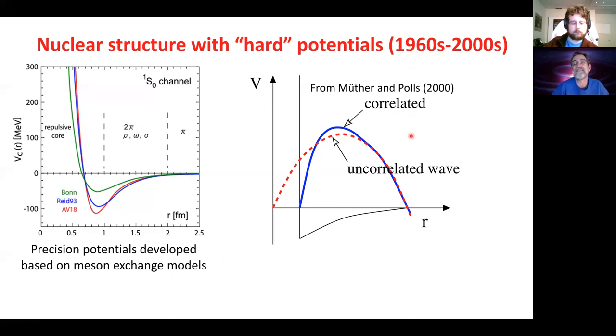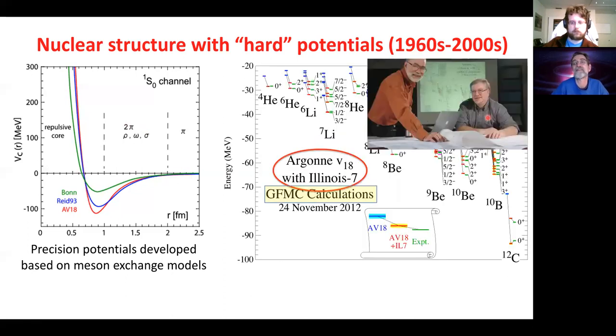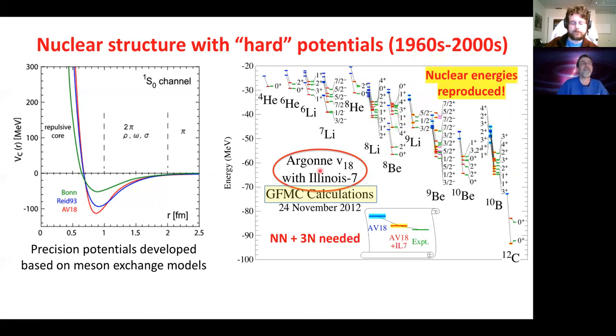It wasn't until these folks at Argonne, Steve Piper and Bob Wiringa, used Monte Carlo calculations, this is Green's function Monte Carlo, to use this potential and calculate. And this is a famous diagram that they came up with, which is the energies in all of these light nuclei.